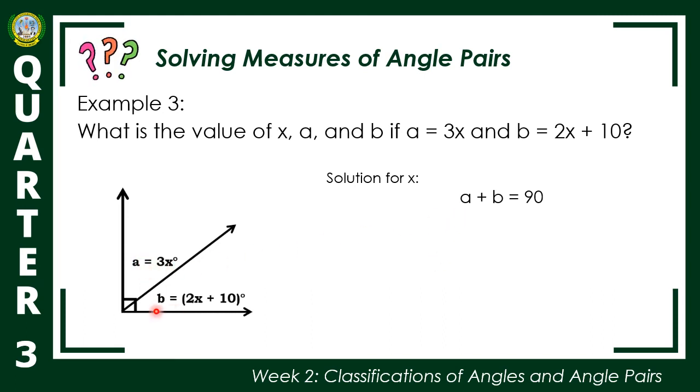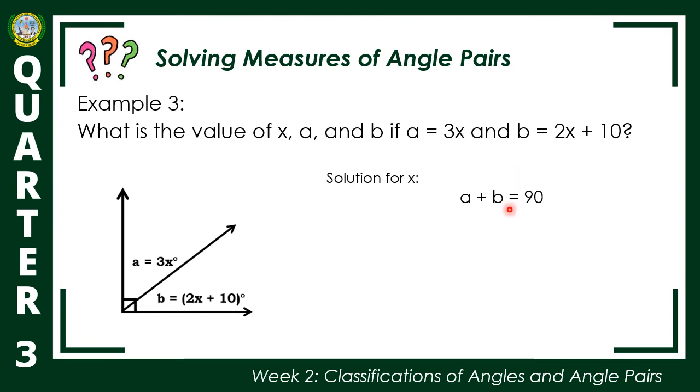Okay? Pagpaplasin natin sila, and then equate the sum to 90. Then after that, syempre, since algebraic expression po yung given na measurement ng A at ng B, isa-substitute muna natin sila. Okay? For us to get the value of x. So, substitute 3x to A and substitute 2x plus 10 to B.